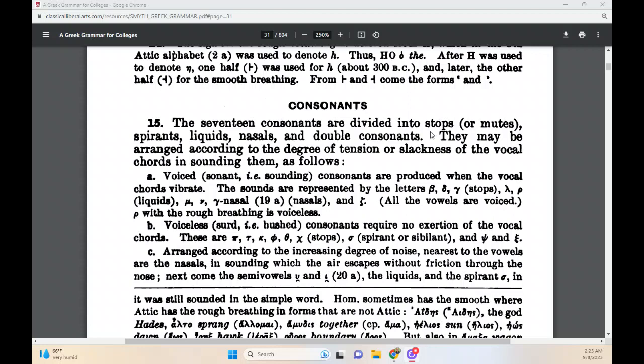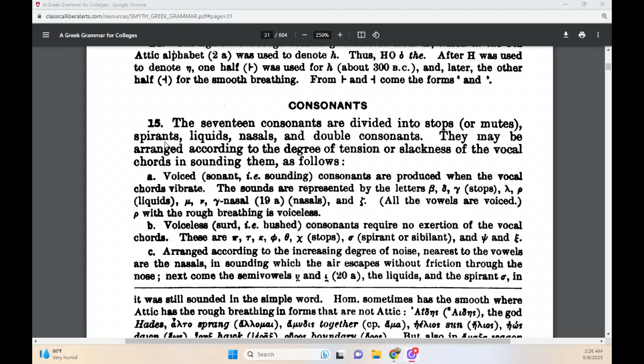Just to give you a quick description of what these are: stops are consonant sounds where the breath is actually stopped for a moment for their pronunciation. So they're mutes because they're quiet for a moment. They completely stop the pronunciation of the syllable or word.